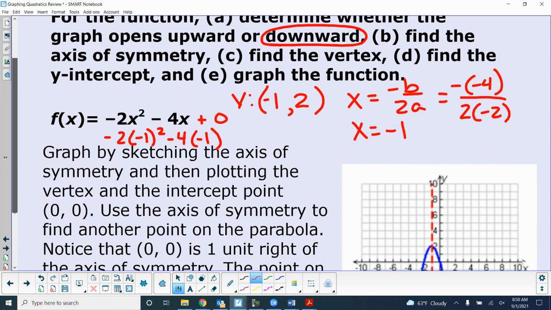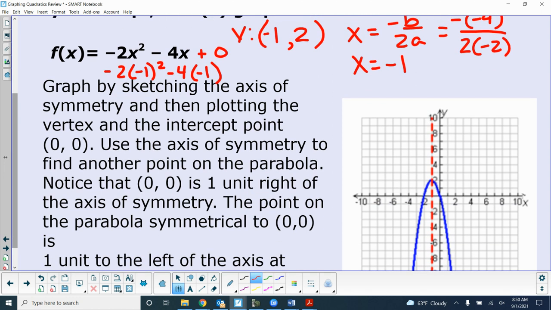So if we go to our graph, the point right here is negative 1, 2. That's our vertex. Questions?